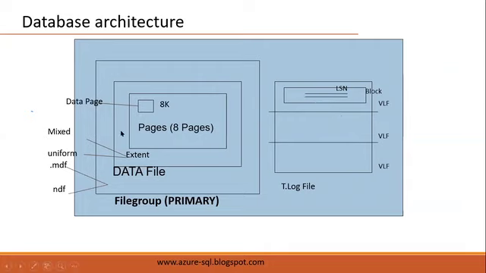Check it, we already know that file groups are there to group data files, whereas extents are there to group the pages.